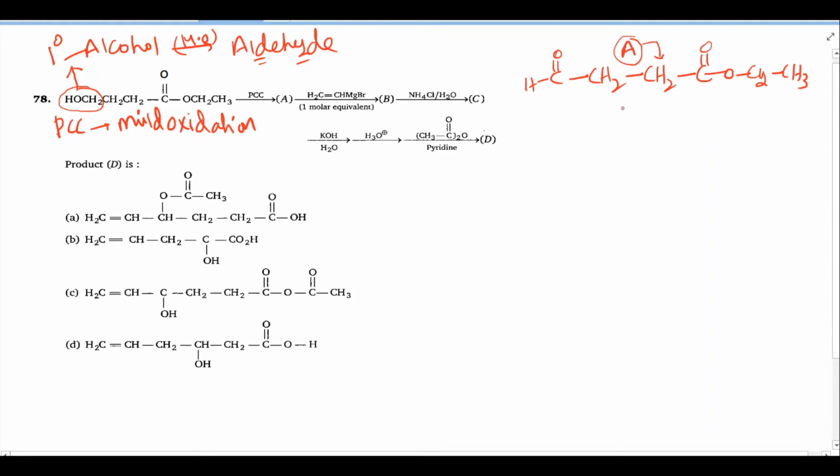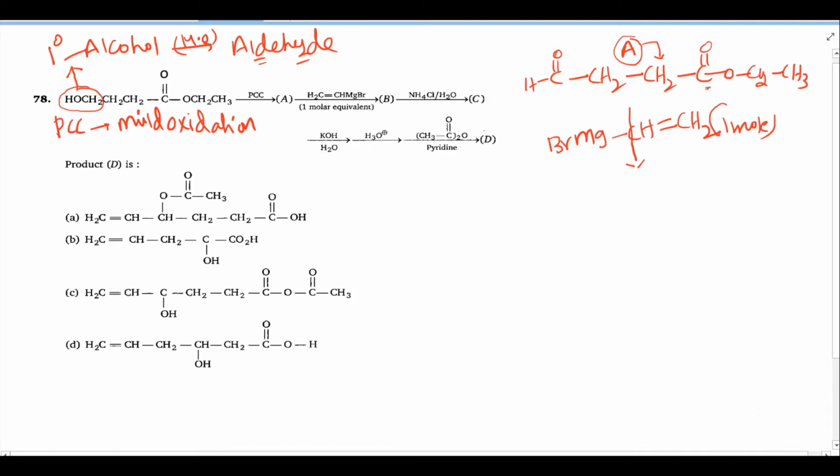This A is again treated with MgBr, CH double bond CH2. This is the Grignard reagent. They mentioned it is only 1 mole.